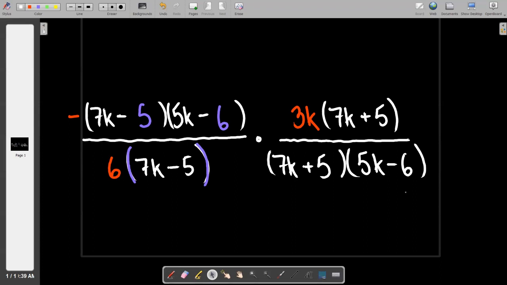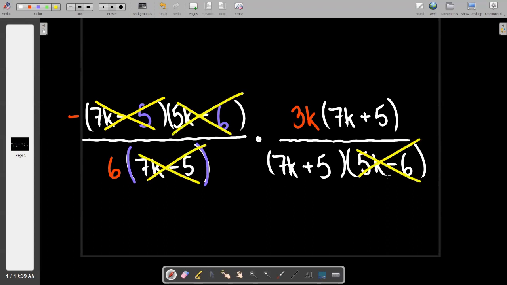Now what? Cancel, right? The slaughter fest. So I'm going to take this 7K minus 5 and this 7K minus 5, this 5K minus 6 and this 5K minus 6, and this 7K plus 5. Holy smokes. I'm still not done.